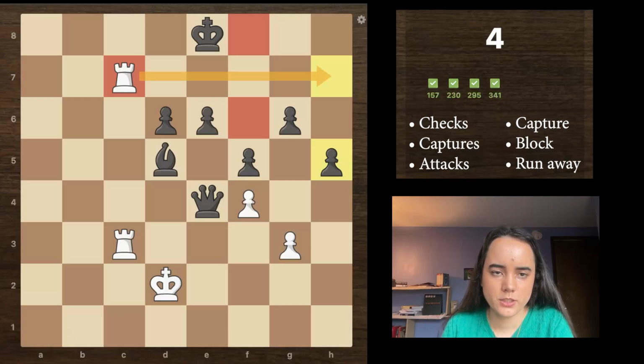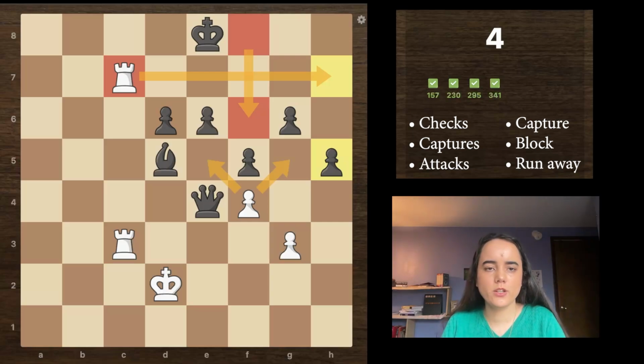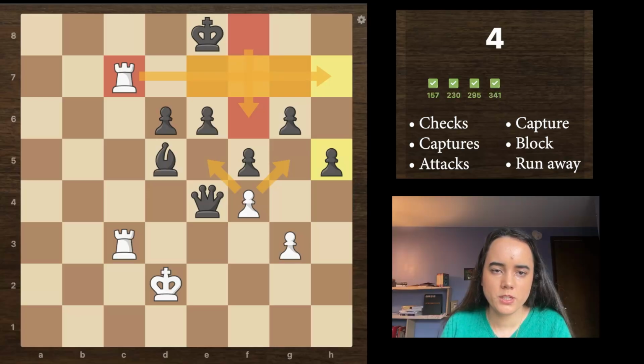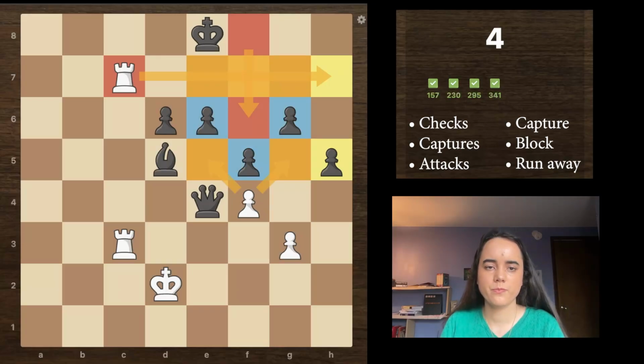This rook covers these squares, checks. This pawn covers these squares. So where can the king go? These squares are covered by the rook. These are covered by the pawn. And then he can't go here because his own pawns are there. So that looks like a checkmate.